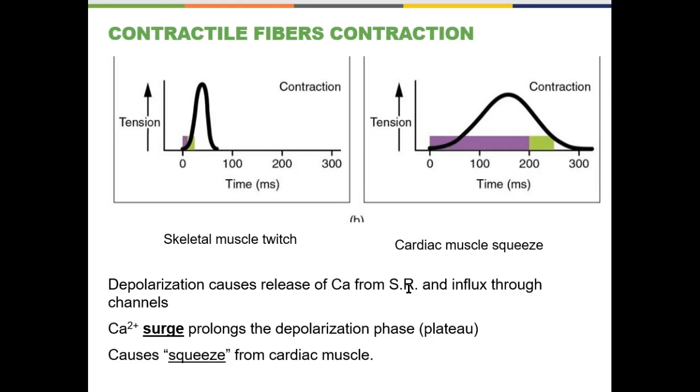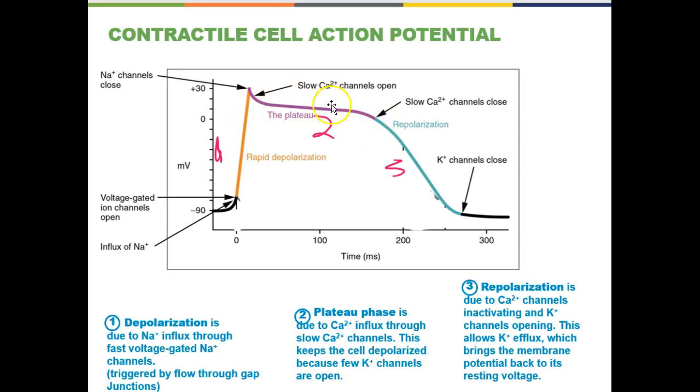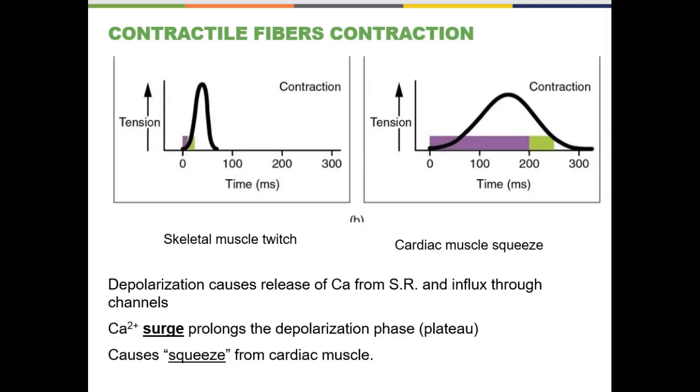But the important part to remember is that you have this plateau here, which means you're going to have depolarization and elevated levels of calcium in the cytoplasm for an extended period of time. So when you look at a cardiac muscle cell contraction, you see that it is generating tension over like 200 milliseconds or so.